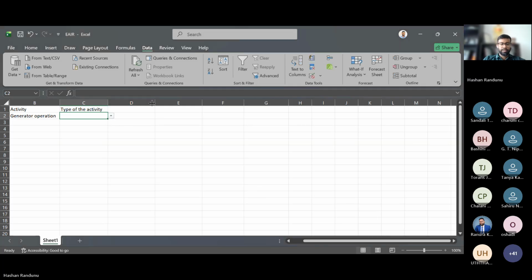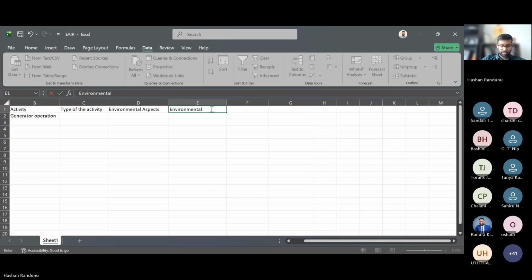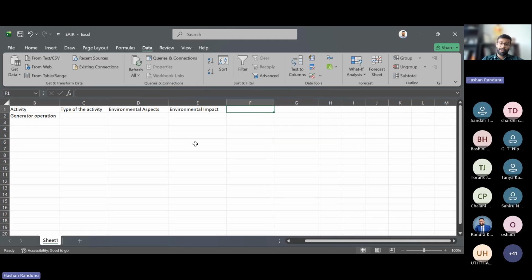Then environmental aspects, and then environmental impact. Once we identify the environmental impacts, then we need to assess, based on our own developed criteria, whether this aspect is a significant one or not.